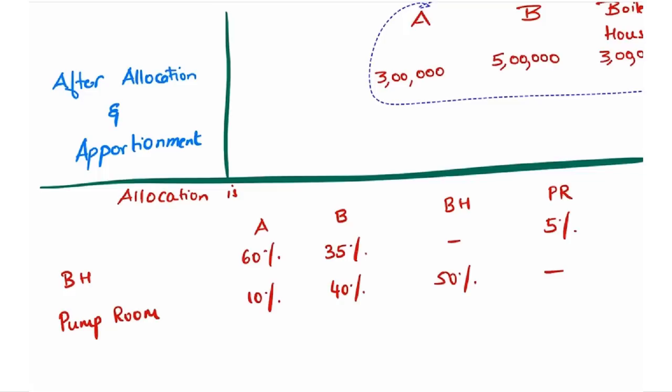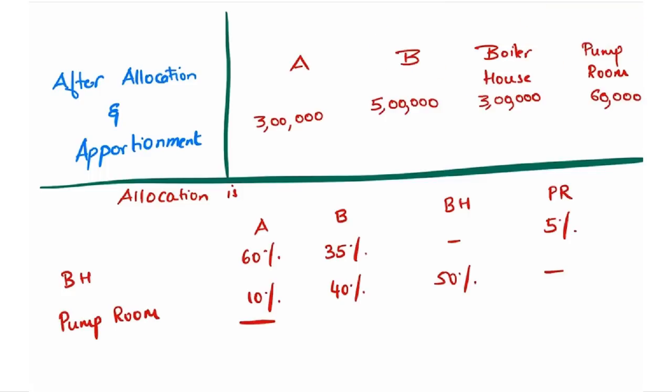Now, first thing I'll do, I can choose either boiler house or pump room and divide the cost between A, B, boiler house and pump room. Let me go back, check what is the ratio in which pump room is giving. Pump room is giving services to A, B and boiler house in the ratio of 10, 40 and 50.